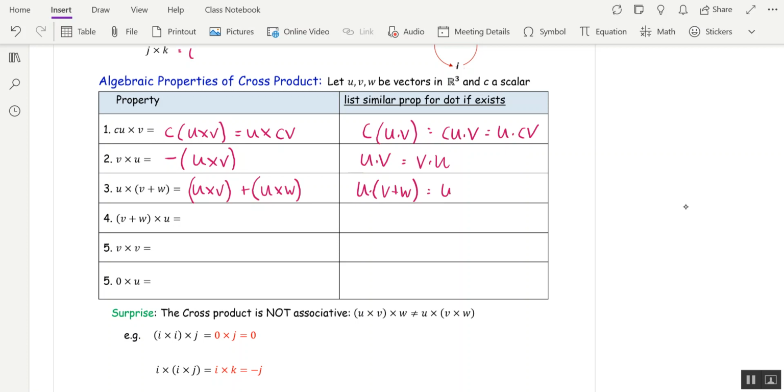This is U dot V plus U dot W. Okay, now it seems like I have the same property as 3, except written in different order. Now I'm crossing with U over here. And I need to state this as a separate property because cross is not commutative. Okay, so this is V, just keep the order straight, V cross U plus W cross U.